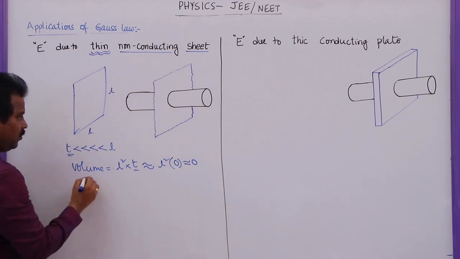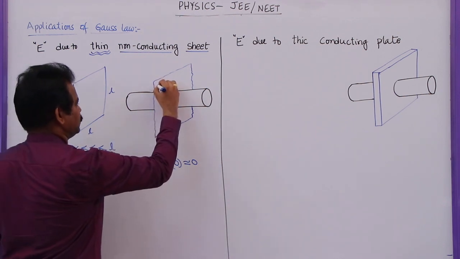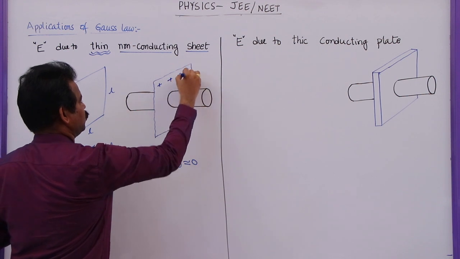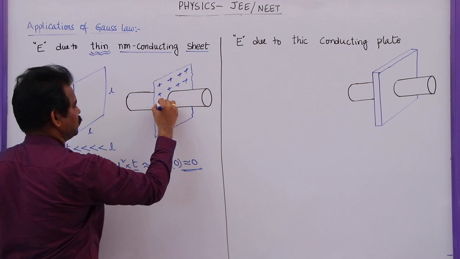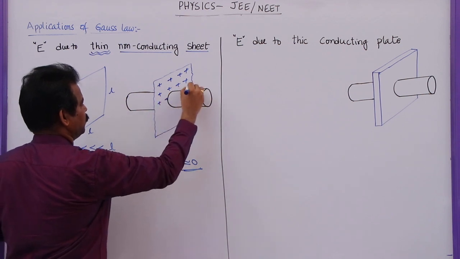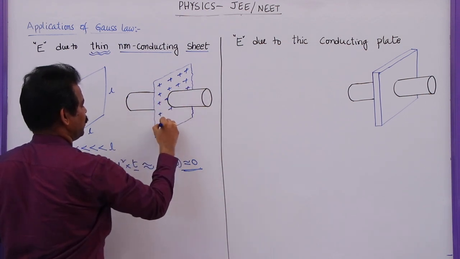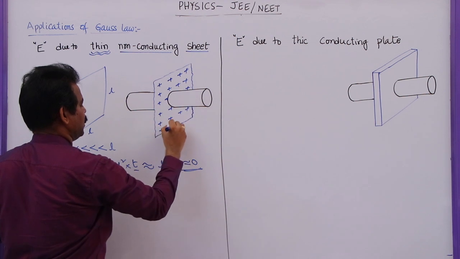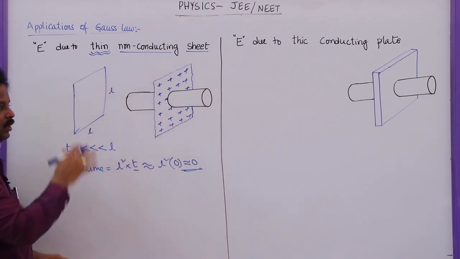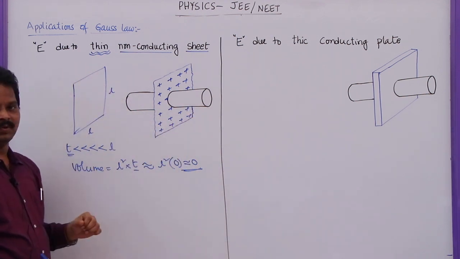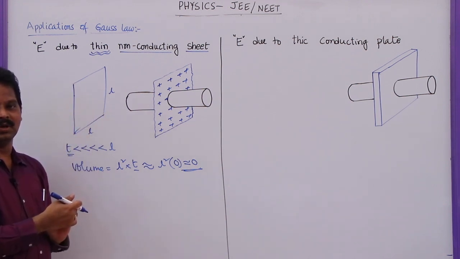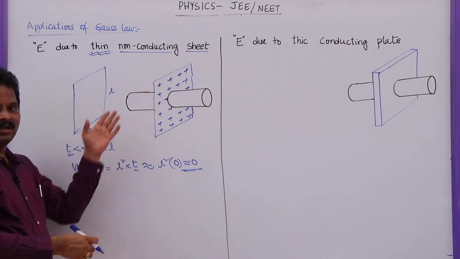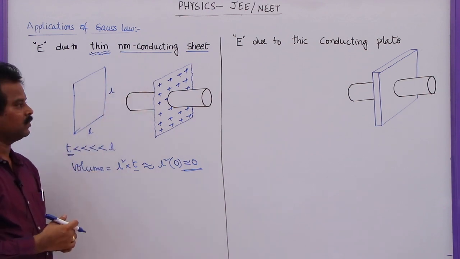So here I will consider the charge, let us say, uniformly charged throughout its volume only. But I am telling once again, the volume is nearly 0. I will consider only the charge on its surface, because thickness is negligible. So the charge is distributed just like a thin layer, just like a papad.